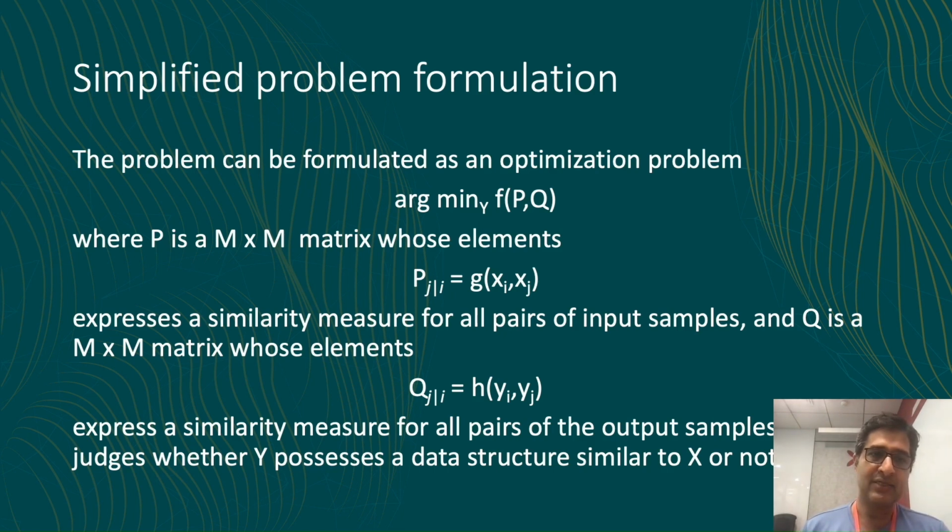So look at it from this point of view. This metric P gives you the probability of the point J being picked in the higher dimensional space when a point I was given to you. Similarly, the metric Q denotes the probability of point J being picked in case the point I was given to you in the lower dimensional space.